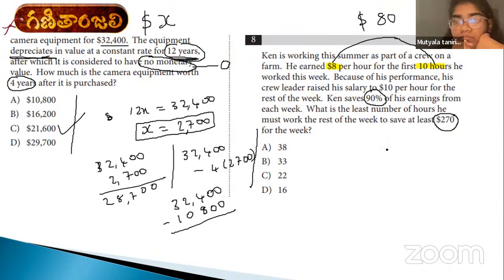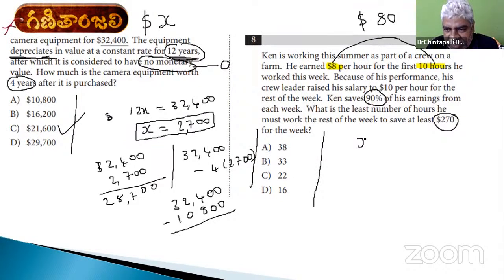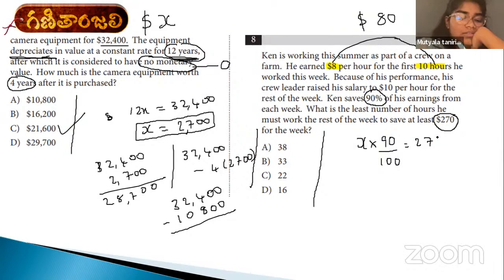So let his earning be X dollars in the entire week. If his earning is X dollars, then 90% of it is X times 90 by 100. This must be equal to 270. Then what is the value of X?